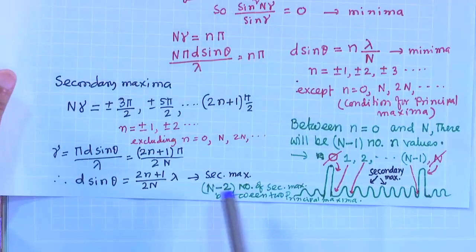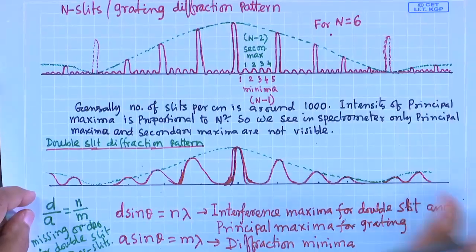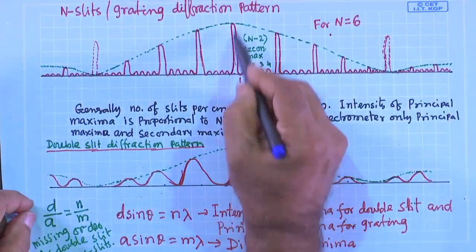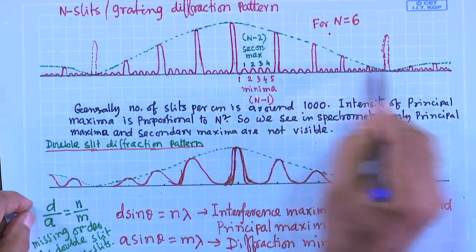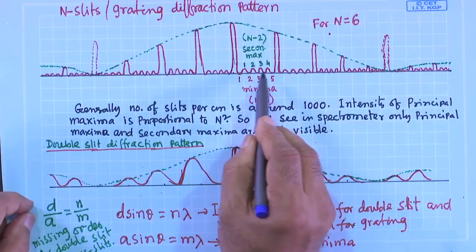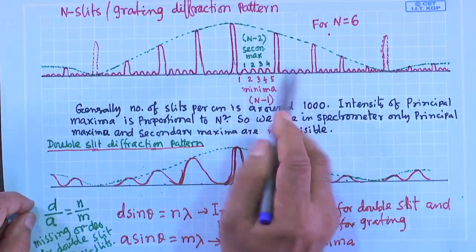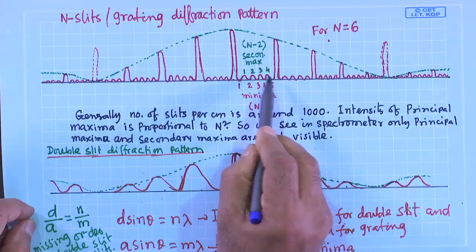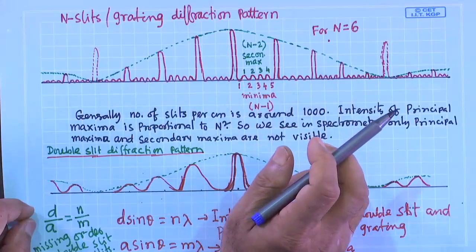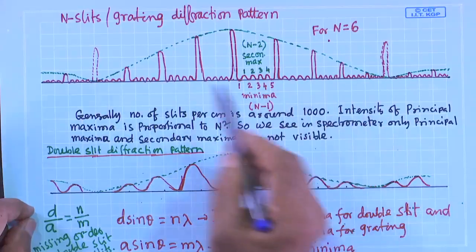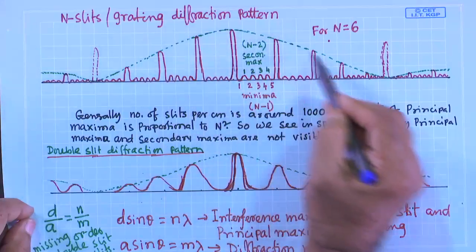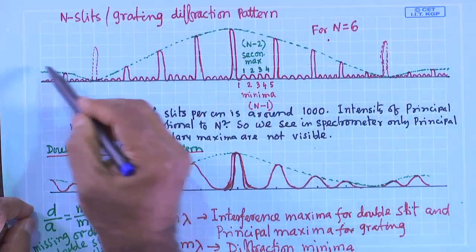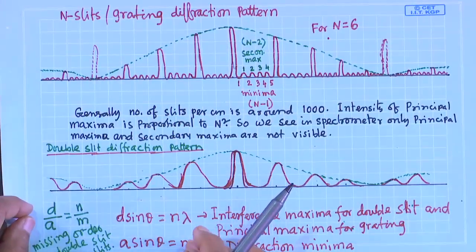Okay. So, for N slit diffraction you will get the principal maxima, and in between you will get minima and maxima. These are the secondary maxima, and the whole thing is modulated by the single slit diffraction effect.